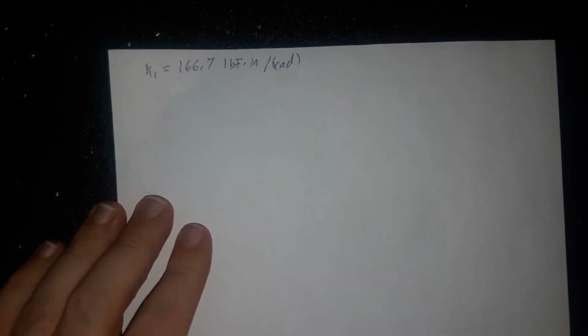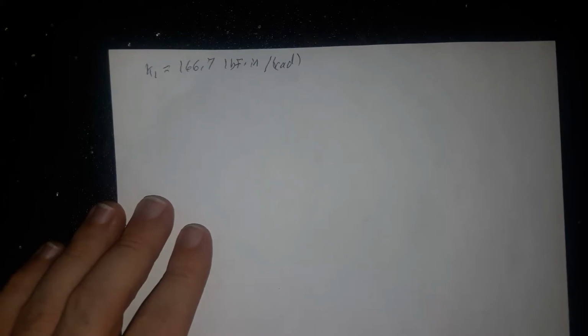And what we know about K1 goes back to Chapter 5 with our pseudorigid body models. And what we do with that really depends on what sort of pseudorigid body model we have. Is this a cantilever beam? Is it a small length flexural pivot? Is it a curved beam? What do we have going on here?